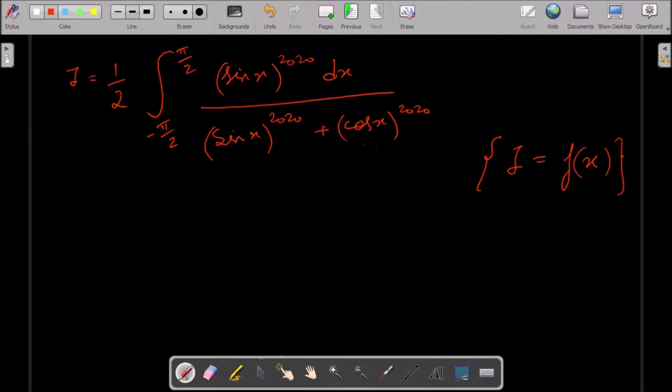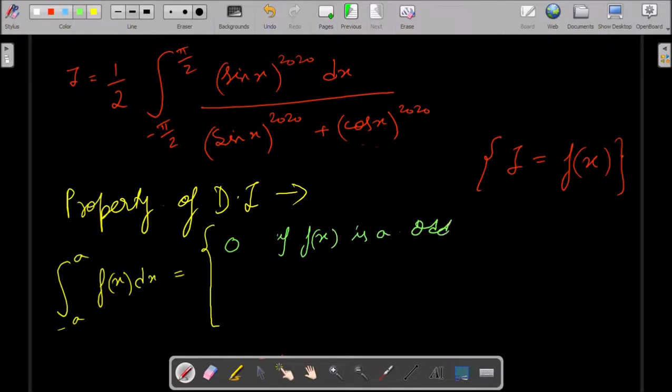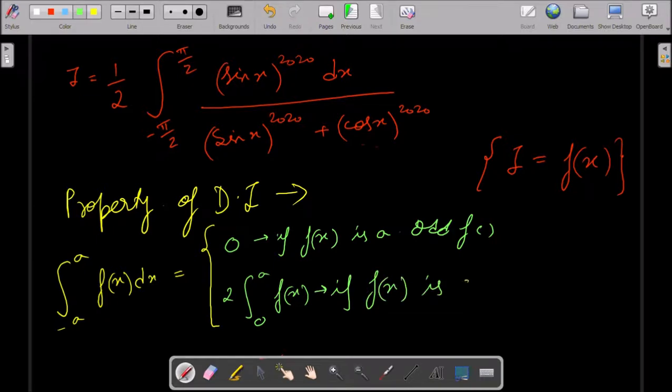The property of definite integration says the integration from minus a to a of f of x dx equals 0 if f of x is an odd function, and 2 times the integration from 0 to a of f of x if f of x is an even function.